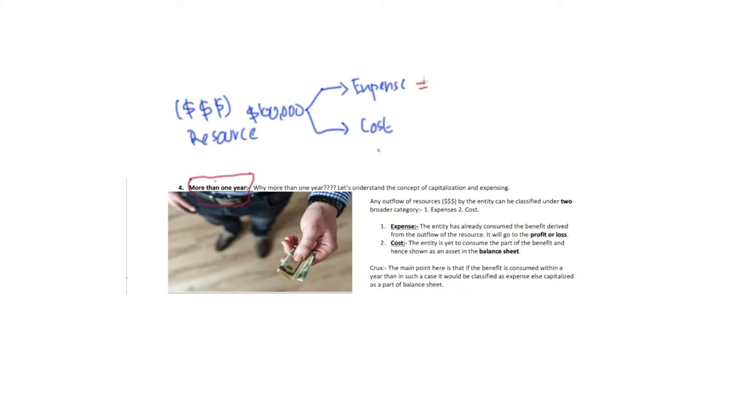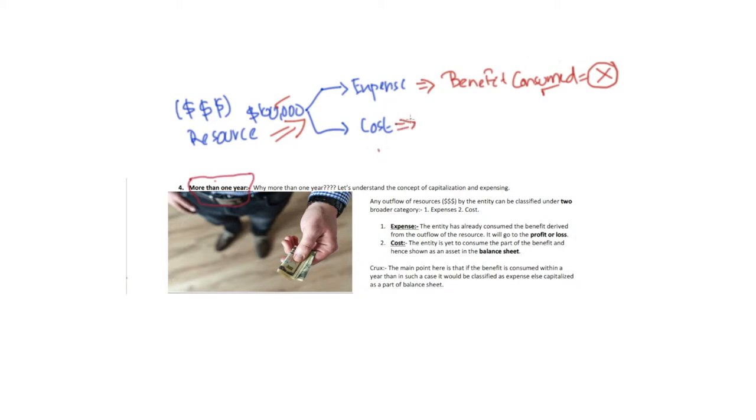For an expense, the benefit out of the outflow of the resources is consumed, and no other benefit is expected to be received from the outflow, which means during a particular period of time, the benefit from the outflow is already consumed by the entity. So there's no other benefit that the entity is going to receive.